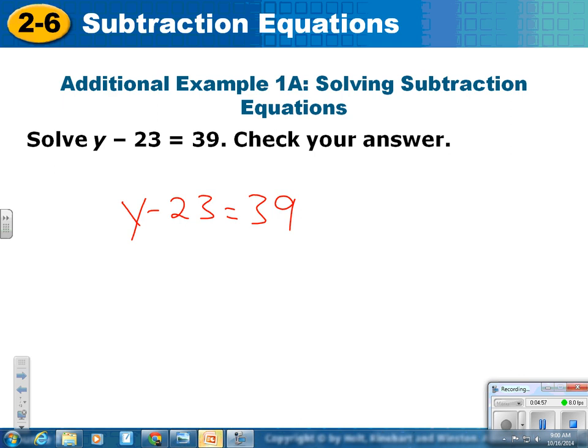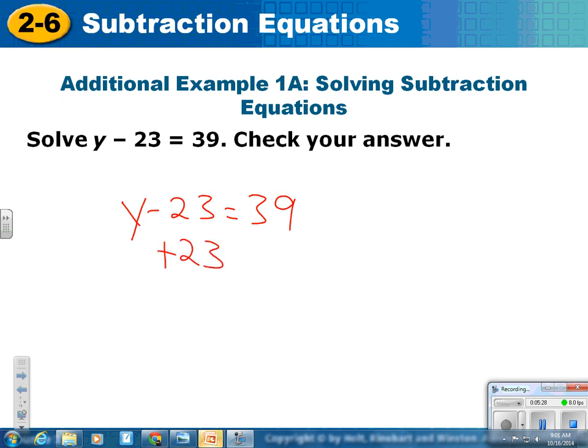Still, I only have a few of you raising your hand. Come on. Rule number one is do the opposite of what's happening to the variable. What is happening to the variable? It's being subtracted by 23. So the opposite of subtracting 23 is?